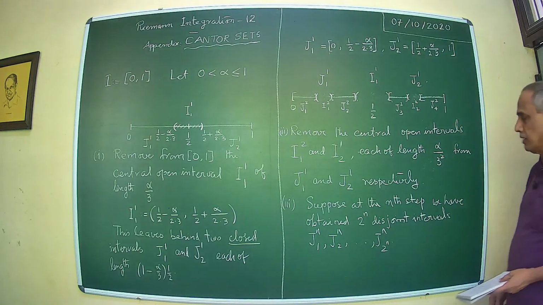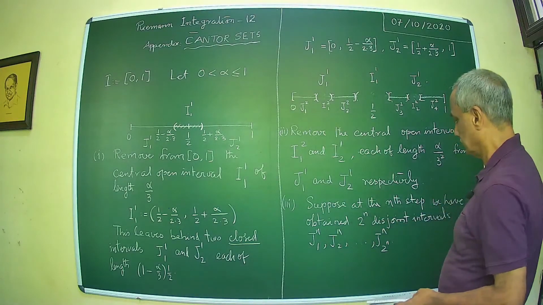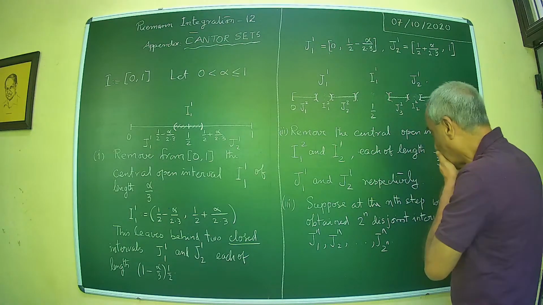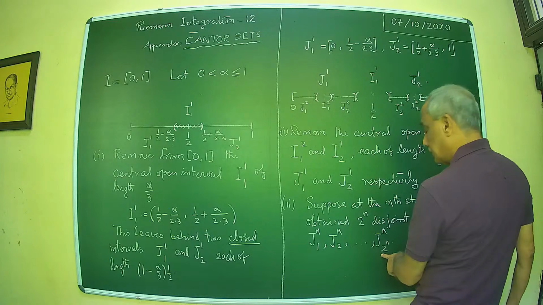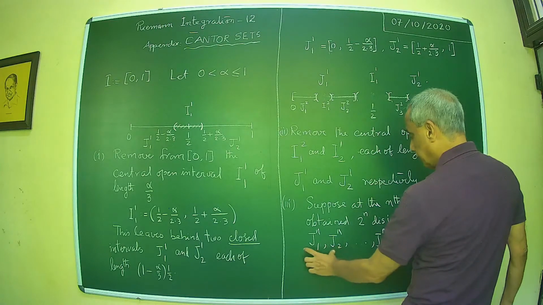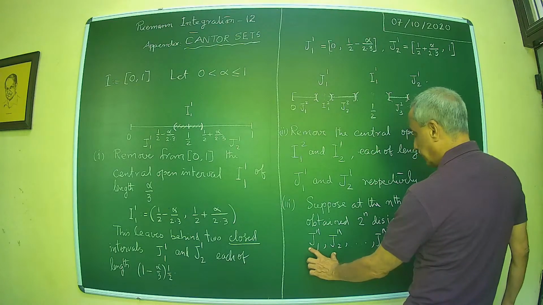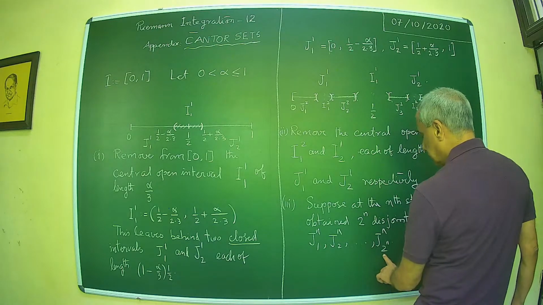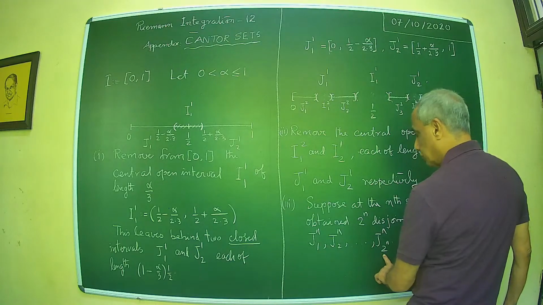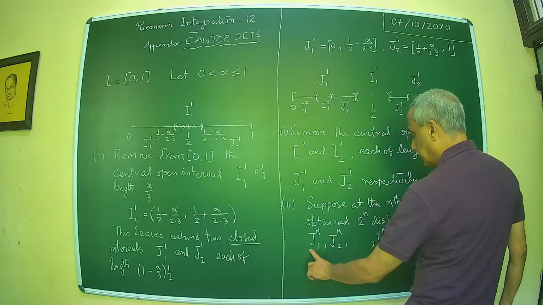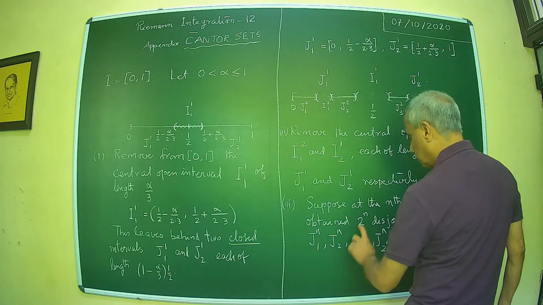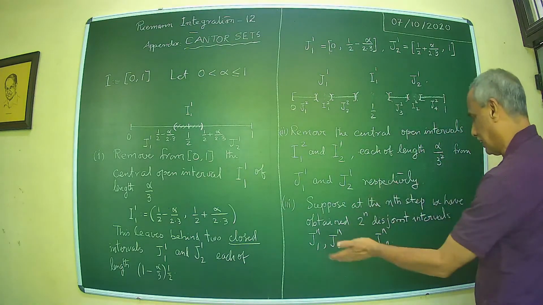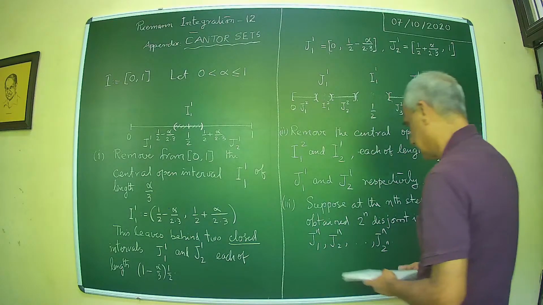So that when n equal to 1, what do you get? 2 to the power n is equal to 2. Therefore, you get J11 and J12. For n equal to 2, you get 2 to the power n is equal to 4, and therefore you will get J21, J22, J23, J24.